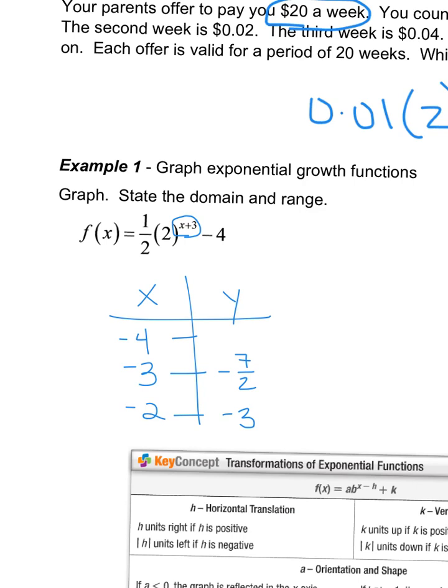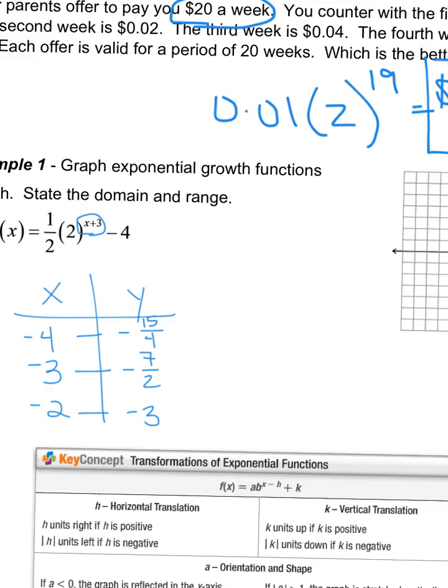So 2 to the -1 is going to be 1/2. 1/2 times 1/2 is 1/4. 1/4 minus 4 is -3 3/4. -3 3/4, if I want to write it as an improper fraction, is going to be -15/4.